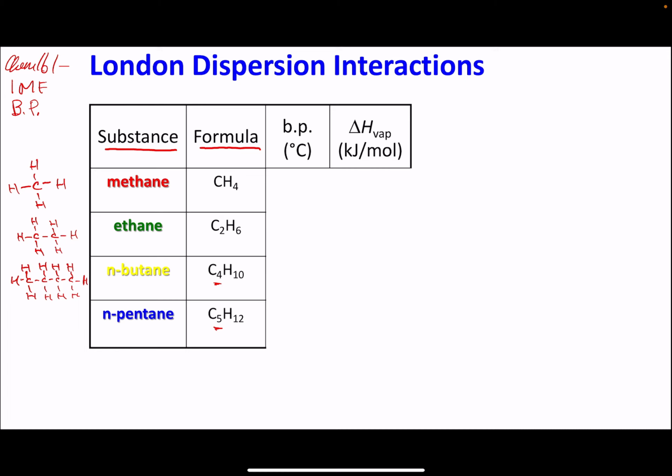So you could imagine that the C6 version could exist, the C7 version could exist, and that is in fact a series. So all of these compounds, methane, ethane, butane, pentane, are from the class of compounds called alkanes, a term that one would learn in more detail in organic chemistry.